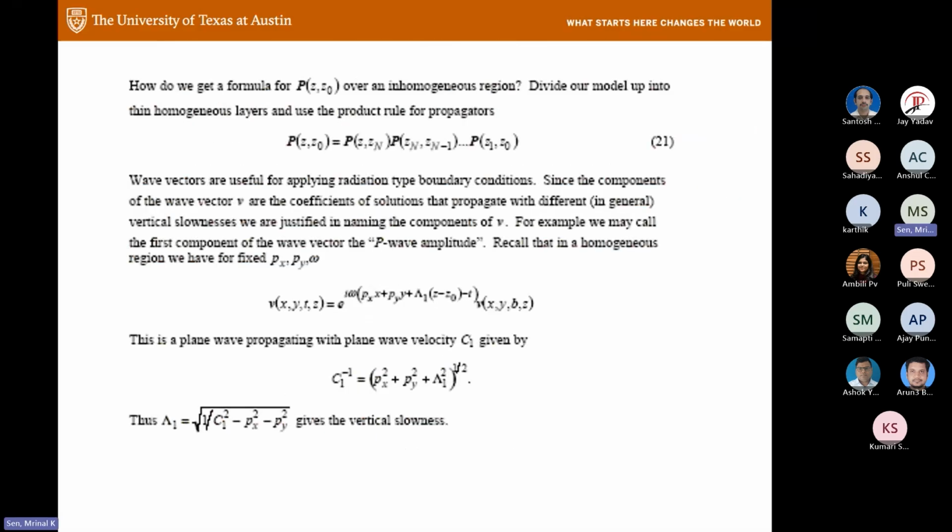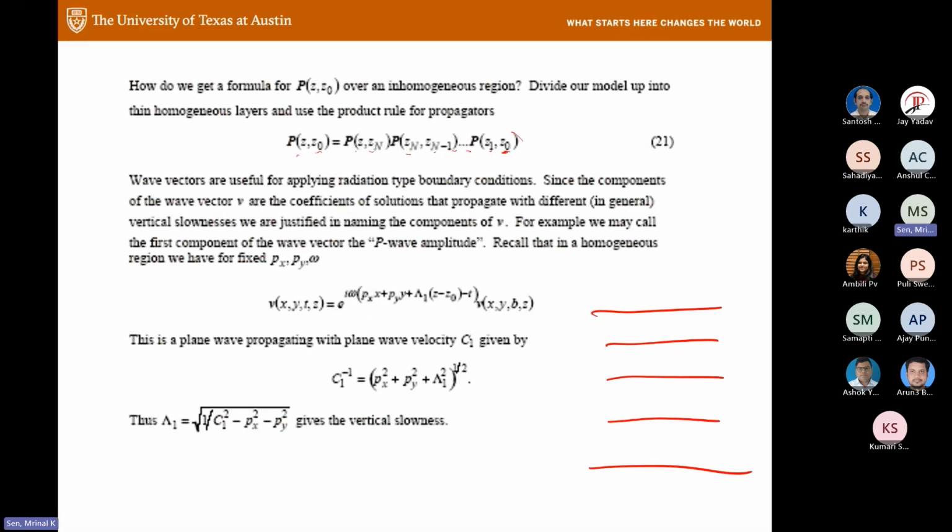It turns out that when you have a large number of layers, all that we have to do in this particular method is to go from z naught to some depth z. You simply go z naught to z1, z1 to z2, z n minus 1 to z n, z n to z. So this actually looks like a pretty simple thing.